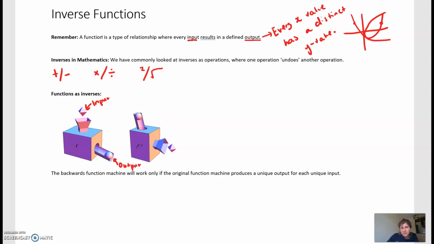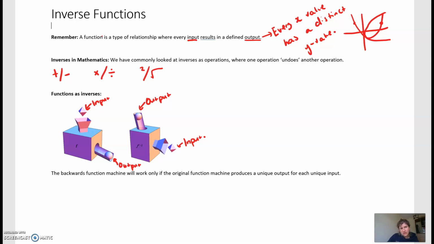Now, if we flip this machine upside down, and put in that same output, we turned the whole thing inside out, we could start back at our original input. And that's what an inverse function does.